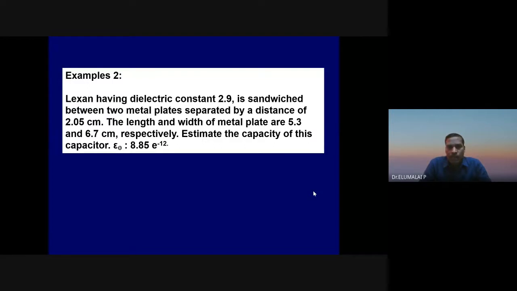Estimate the capacity of this capacitor. And epsilon 0 is 8.85 into 10 power minus 12. Same formula, you'll have to use it. Here, not only air, in addition there is a dielectric material, Lexan, some polymer, having a dielectric constant 2.9 given.